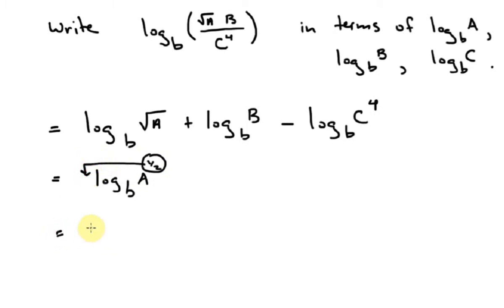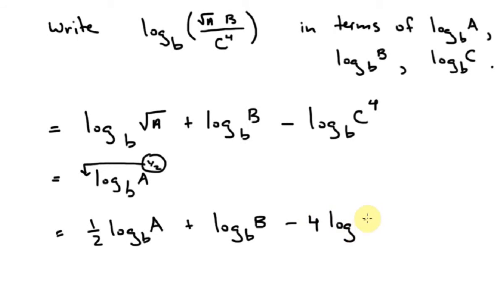So here's how this guy is going to look: 1/2 log of a base b. And then this one here, I'm going to leave it alone because that's just fine the way it is. You can't really break it down any better than that. And then this guy here, I'm going to bring this 4 out in front. And by doing that, I think we have achieved our goal.